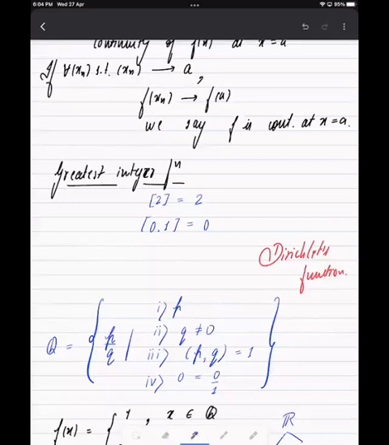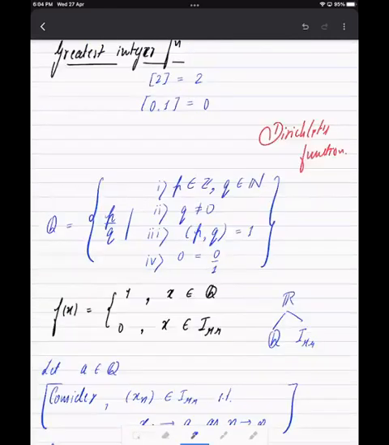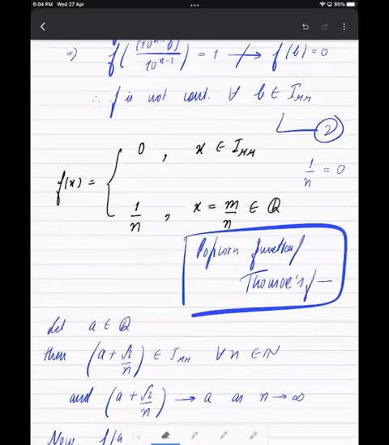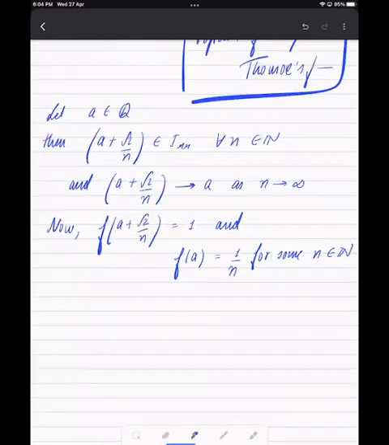P belongs to the integers, and let's say Q belongs to the integers. Basically, I'm taking all the minus signs to the upper side. I'm not considering 1 by minus 2; for me, it is minus 1 by 2. So for some natural number, this.